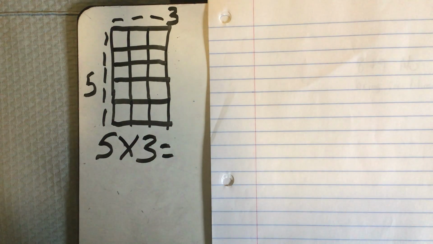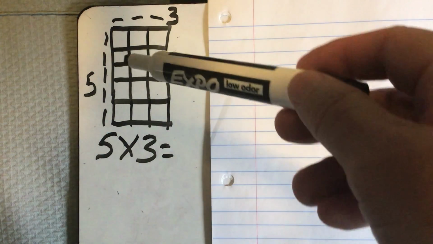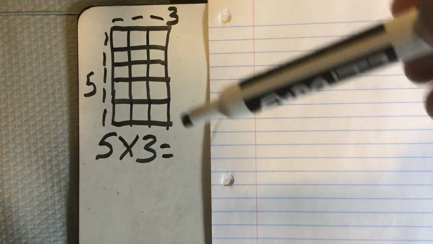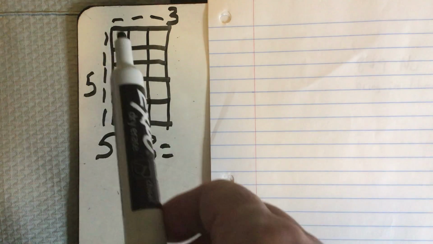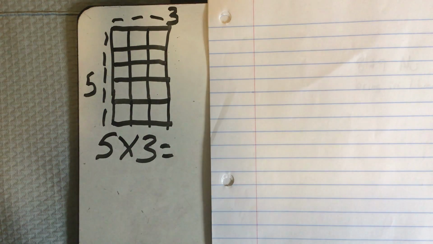We could skip count: 5, 10, 15, or 3, 6, 9, 12, 15. So there are a couple of ways we could solve that problem.